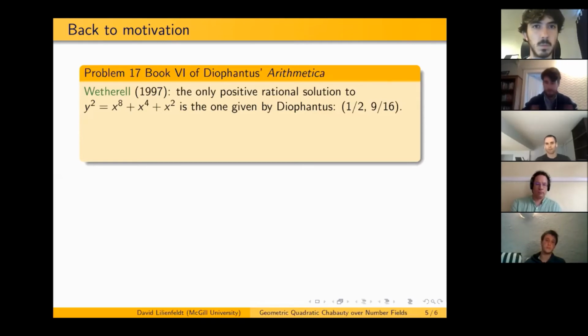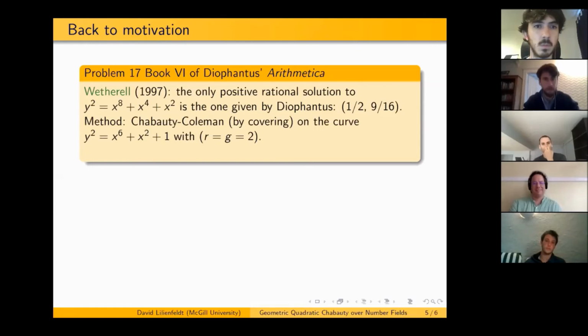Okay, and so how does Wetherell prove this? Well, with techniques that were definitely not available to Diophantus at the time, he uses Chabauty-Coleman on the following hyperelliptic curve, whose affine model is described by this equation here, and it has the feature that R equals G equals 2. Okay, so if you remember this Chabauty condition, this hyperelliptic curve does not fall within that scope.